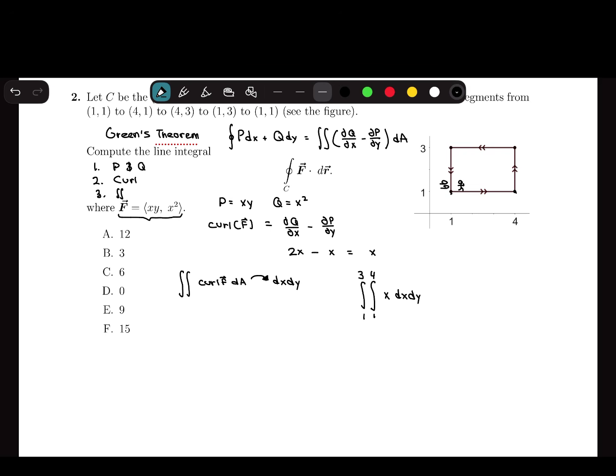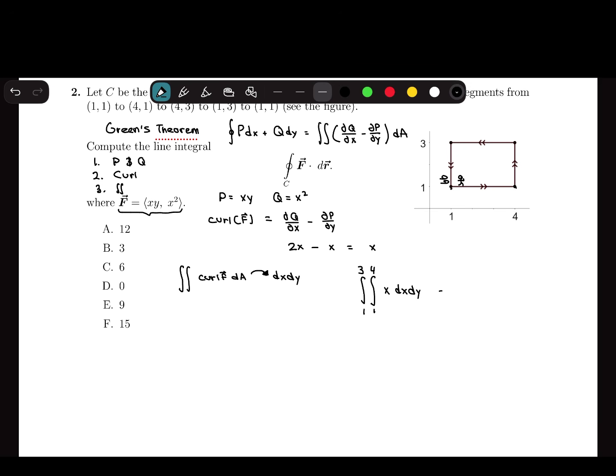Sounds good? Okay, so let's integrate. The first integration will be to integrate x with respect to x, which just gets you x squared divided by 2. We're evaluating that from 1 to 4.